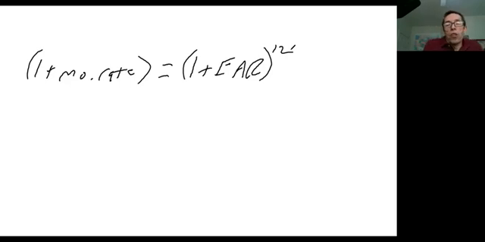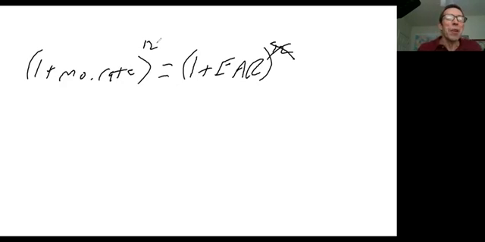Now, if I just want to find the EAR by itself, what do I want to do? Sorry, I made a mistake. Please forgive me. You probably realized it before I did. This is wrong here. It's not 1 plus the EAR raised to the 12th power. 1 plus the monthly rate raised to the 12th power equals 1 plus the EAR.